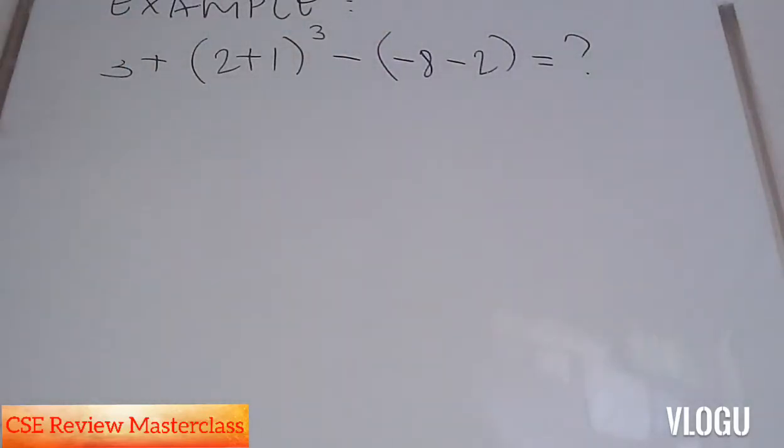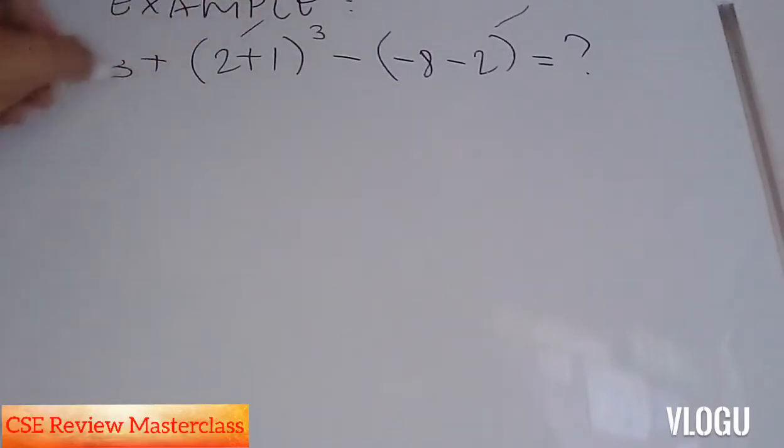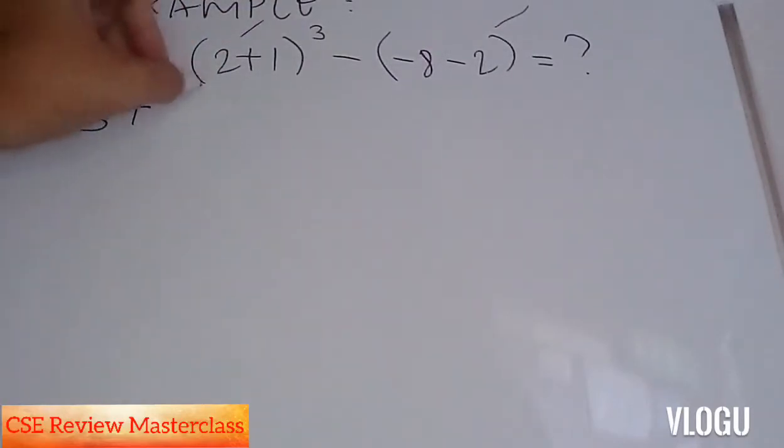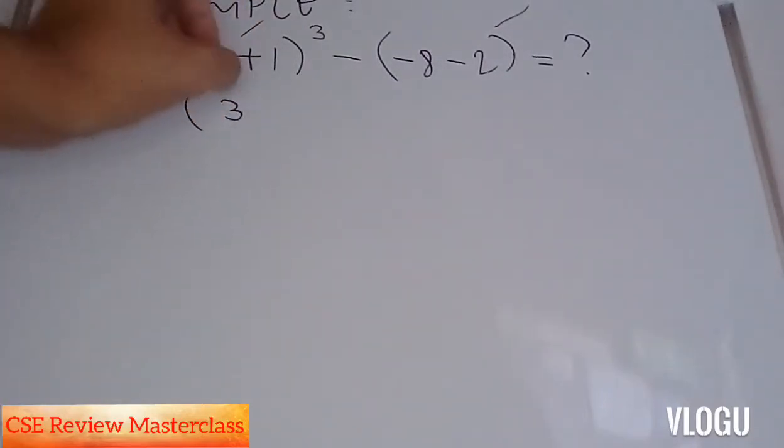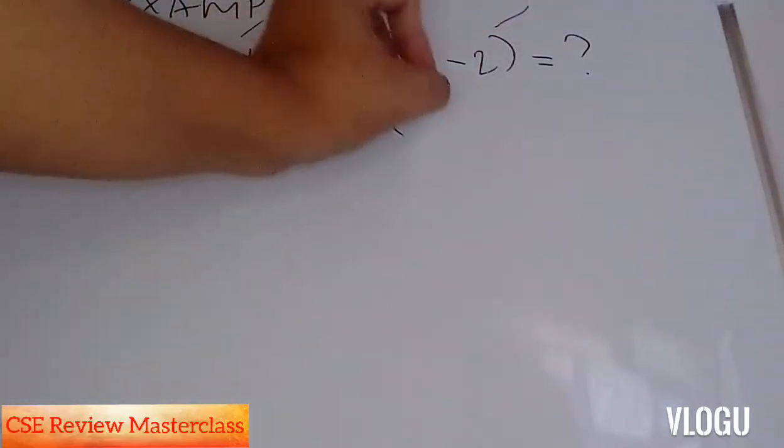Let's begin with the parentheses. So here are the parentheses. Let's just copy the equation. 2 plus 1 is equal to 3 cubed minus negative 8 minus negative 2 is equal to negative 10.